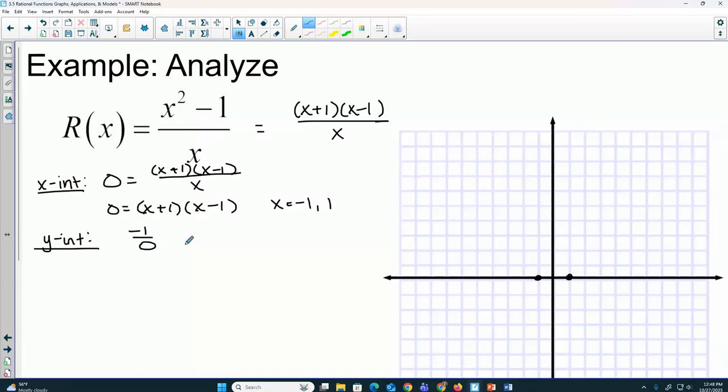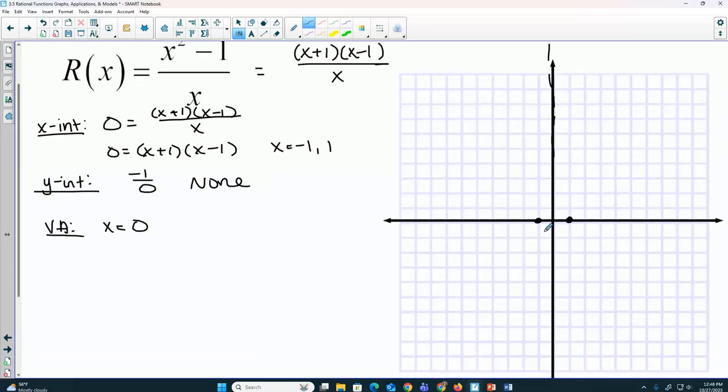Can we do that? So there is none. This graph does not touch the y-axis. Vertical asymptote. Vertical is x equals what makes the bottom 0. That's why we didn't have a y-intercept. The y-axis is my vertical asymptote.